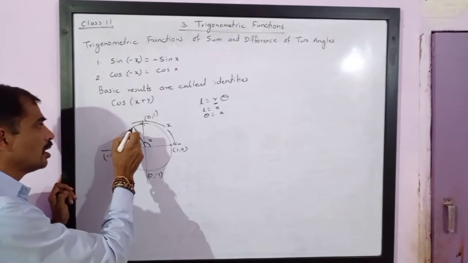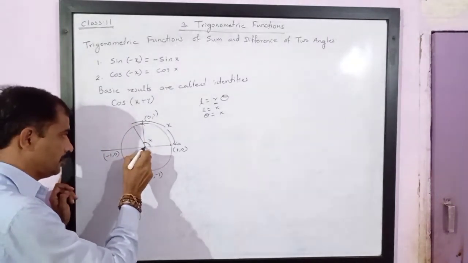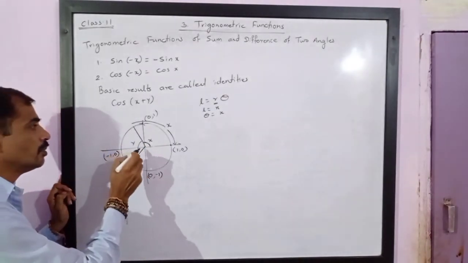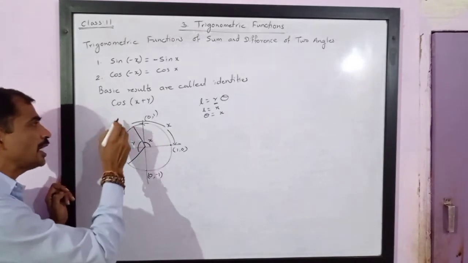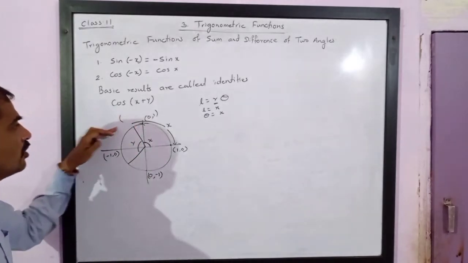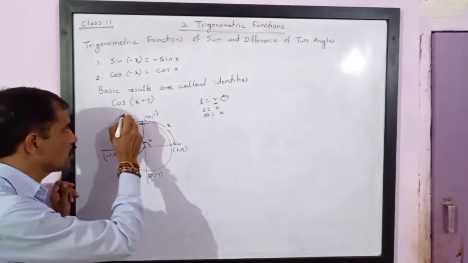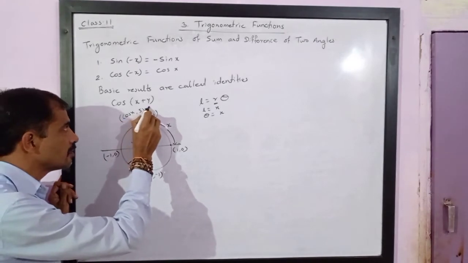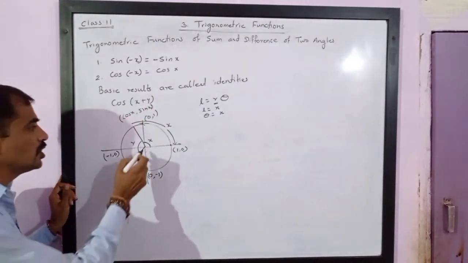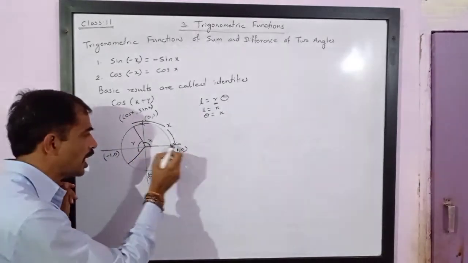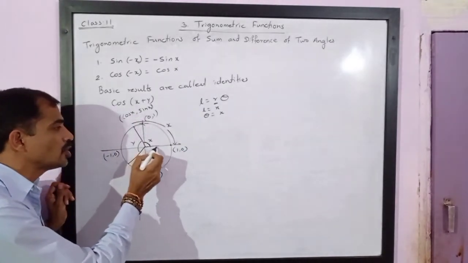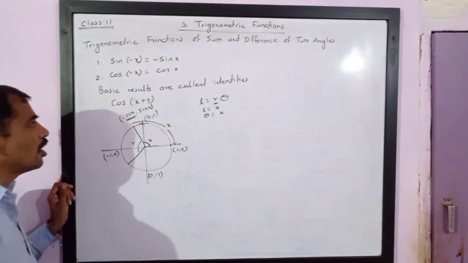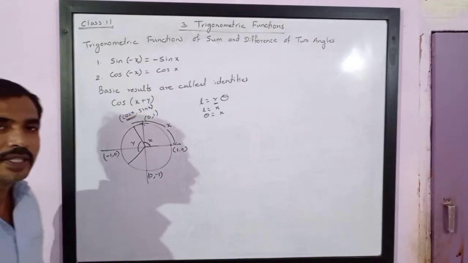Now we will take some other angle as y. So this angle is the y angle. We have already studied that the x coordinate of the point is the cos of the angle, that is cos x, and the y coordinate is sin x. This is the angle made with the positive direction of x axis in anti-clockwise direction, which is x, and so the x coordinate is cos x and the y coordinate is sin x.